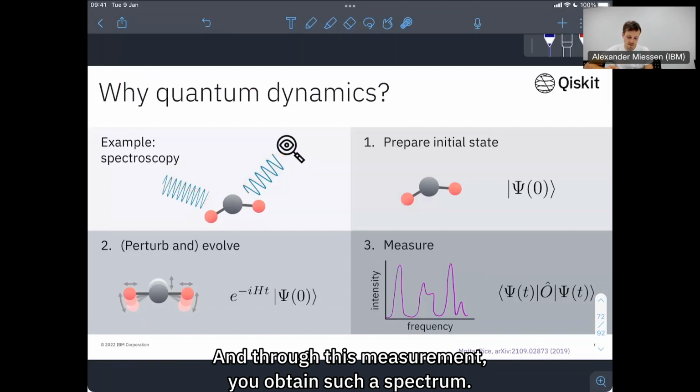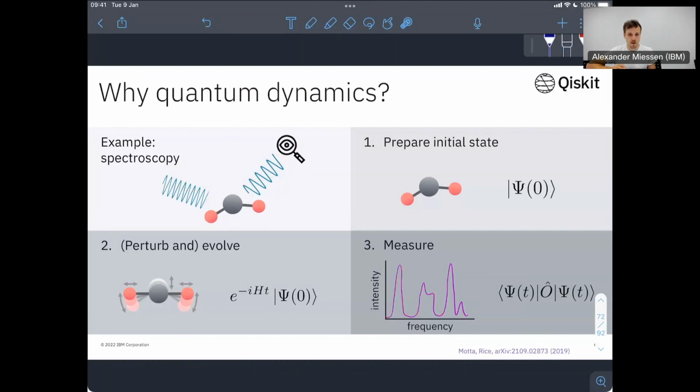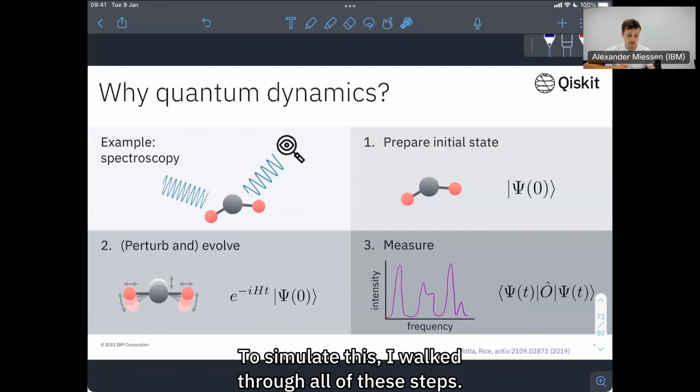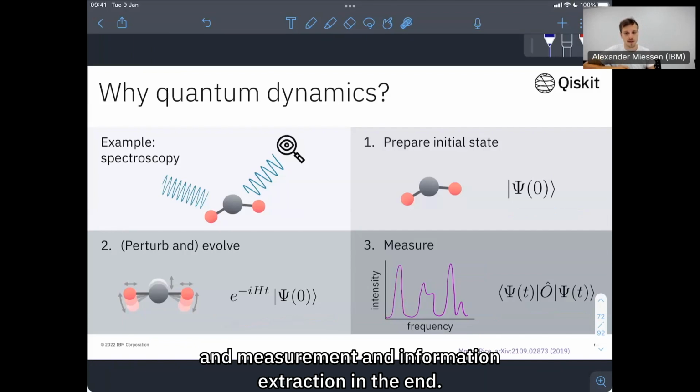And through this measurement, you obtain such a spectrum, such a distribution of different frequencies at different intensity. Okay, and from this you might then extract whatever kind of information. To simulate this, I walked you through all of these steps: initial state preparation, evolution, and measurement and information extraction in the end.